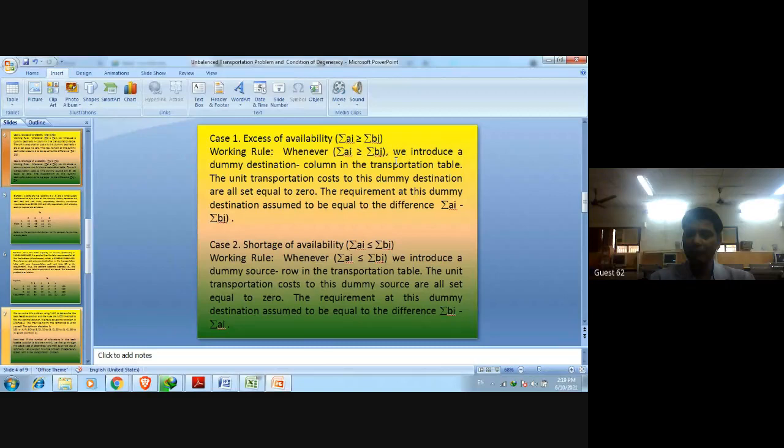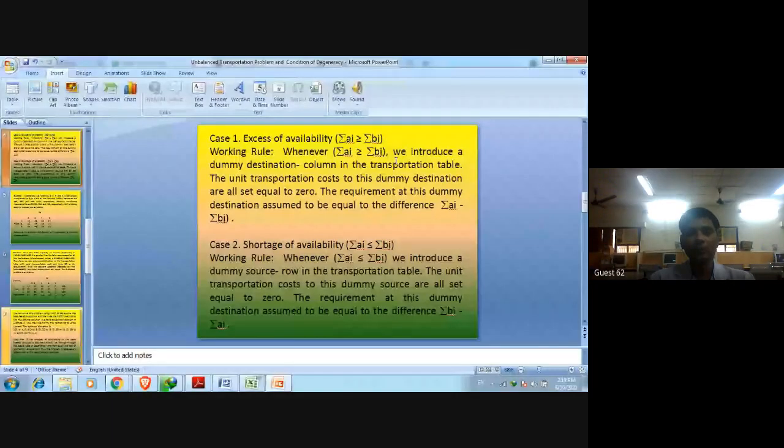Whenever summation of Ai is less than summation of Bj, meaning supply is less than demand, we will introduce a dummy source row in the transportation cost table.